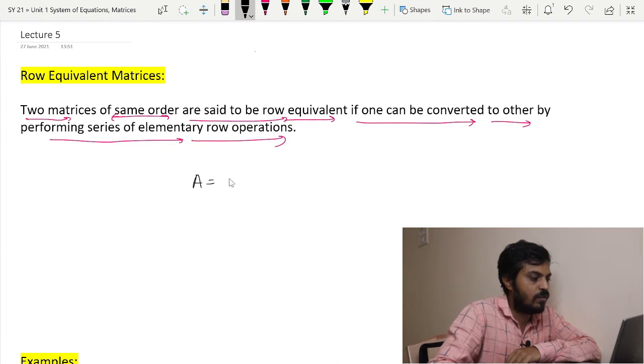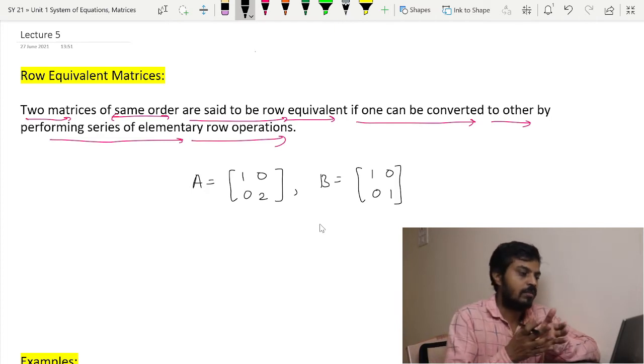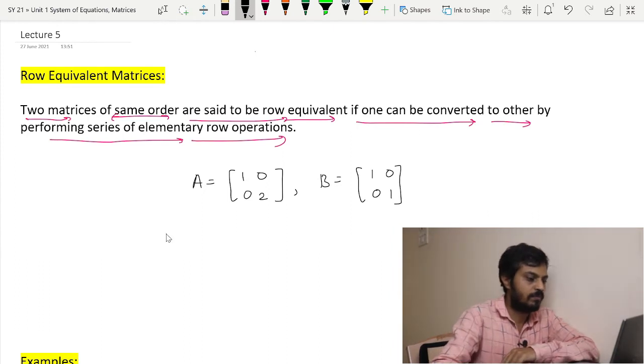I will take A equal to [1 0; 0 2] and B equal to [1 0; 0 1]. Can you think which elementary row operation on A will give us B?